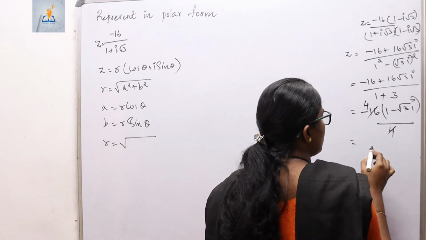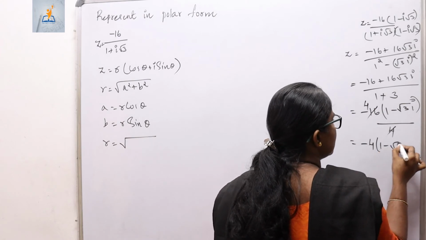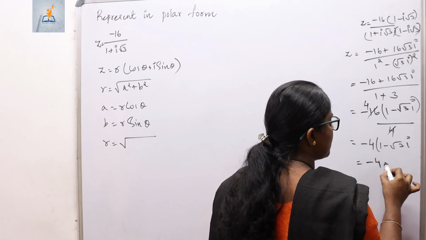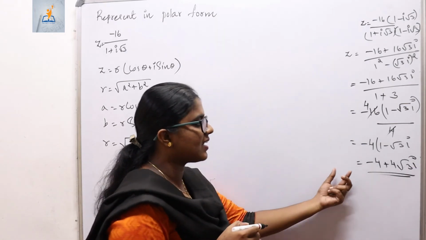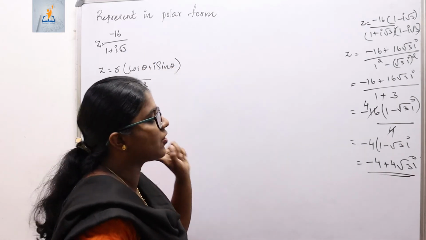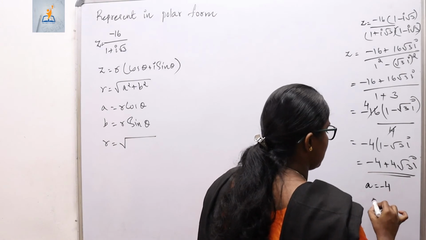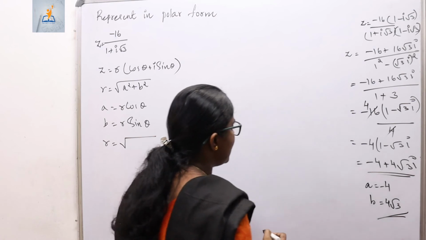So the required complex number is minus 4 into 1 minus root 3 i, which can be written as minus 4 plus 4 root 3 i. So this is the standard form of the given complex number, where a is equal to minus 4, the real part, and b is equal to 4 root 3, the imaginary part.